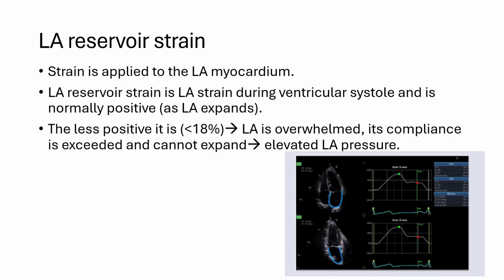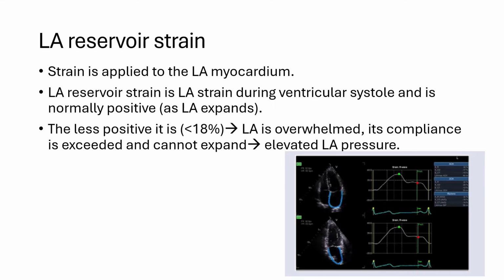Therefore, LA reservoir strain, which corresponds to LA expansion, actually corresponds to LA pressure. If the LA expansion is overwhelmed, the LA pressure will shoot up. So a low LA reservoir strain implies that the LA pressure will shoot up with any venous return.